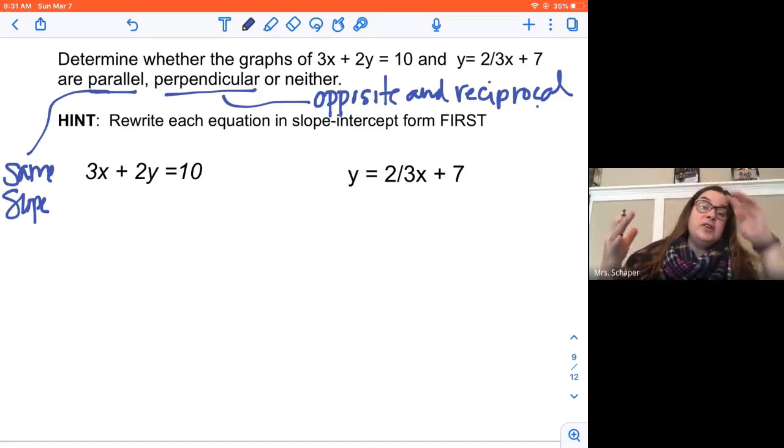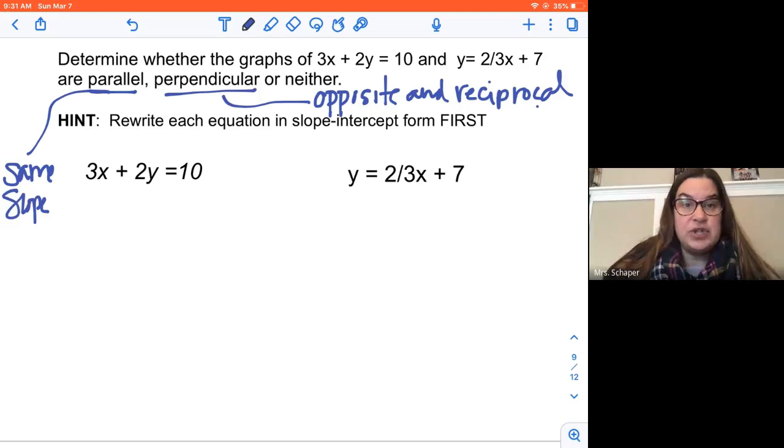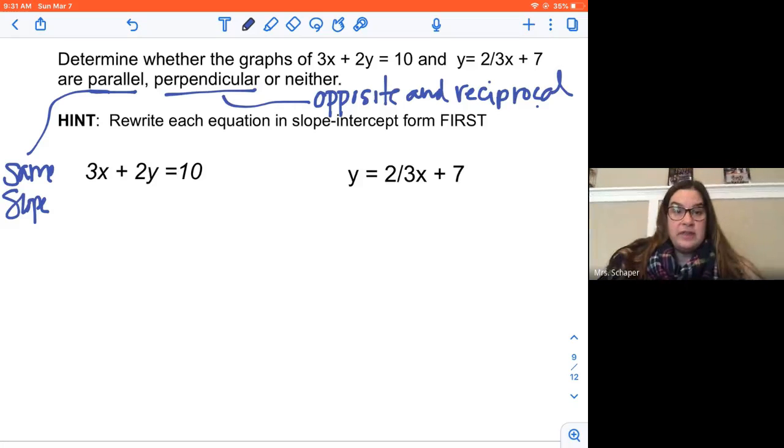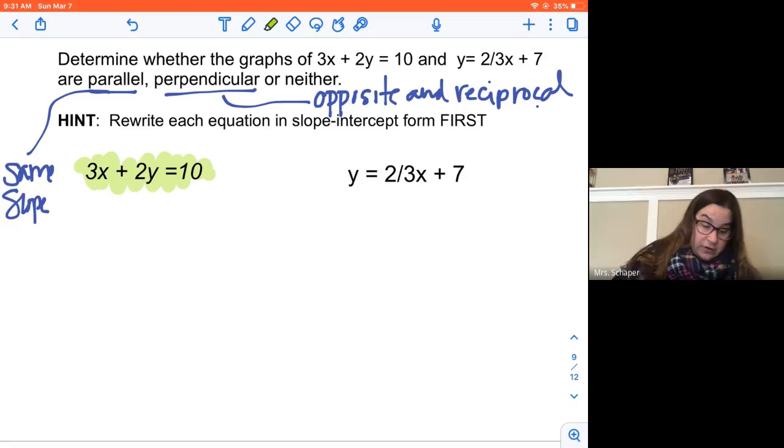All right, now our first step is to get every equation into slope-intercept form. Y equals mx plus b. When I look at this particular one, this first one is written in standard form. That's the ax plus by equals c. We need to get it into slope-intercept form, y equals mx plus b. So the first thing we're going to do is take care of that.